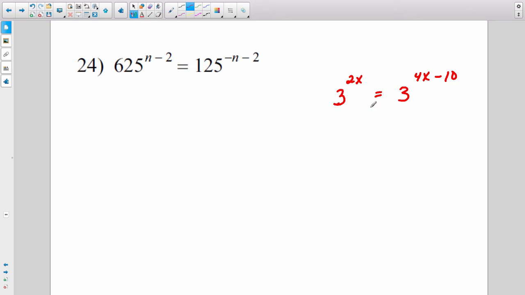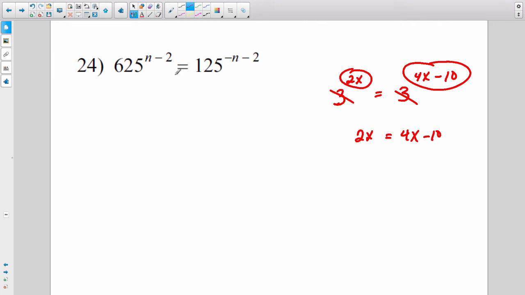If this is a true statement, like an equation, well, 3 to the something equals 3 to the something. These somethings are obviously the same, otherwise this wouldn't be a true statement. So you can almost say forget the 3's, because I know these two things must be equal. Let me just set them equal to each other, and that will tell me what the value of x is.